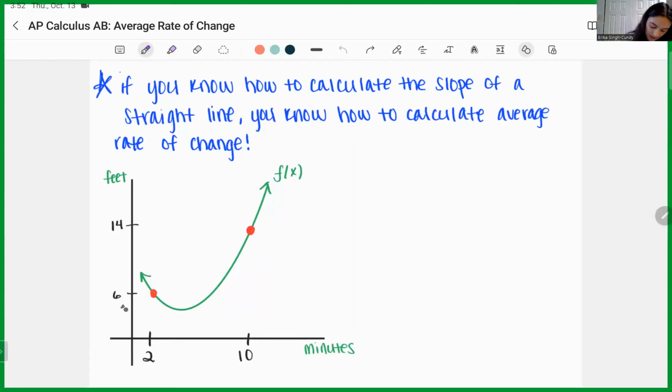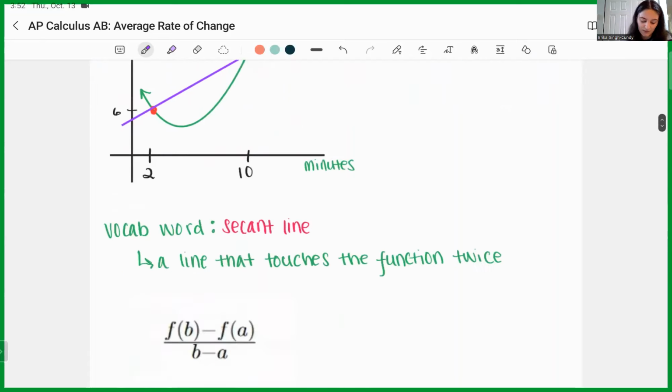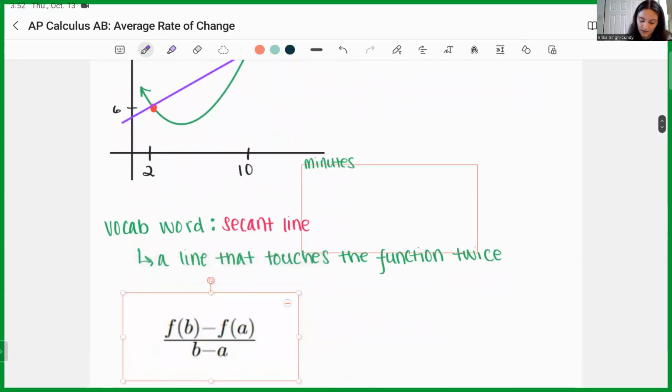That line's going to look something like that. To calculate the average rate of change, all we need to do is calculate the slope of that purple line. If we can calculate the slope of that purple line, then that'll tell us how fast we were going on average. To do that, we can use this formula right here.